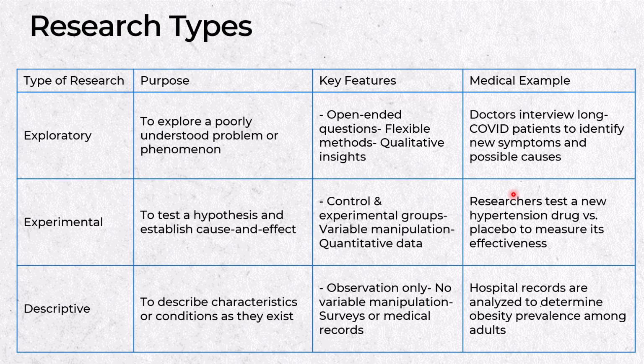Here is a summary of the three types of research that we have just seen: exploratory, experimental, and descriptive. And here we have some medical examples. We have said that in exploratory research, the purpose is to understand a new phenomenon or a new problem.